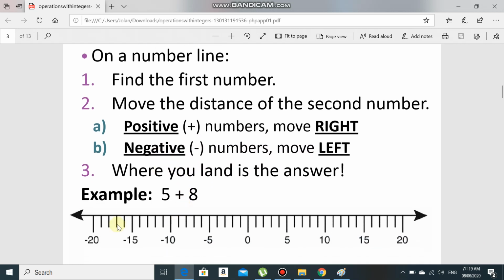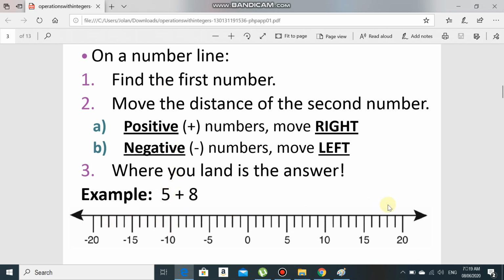This is how the number line looks like. The middle value is 0, and all of the values to the right of 0 are positive numbers, while on the other side are all negative numbers. Let's take our first example, which is 5 plus 8. According to the rule, we first find the first number, which is 5.